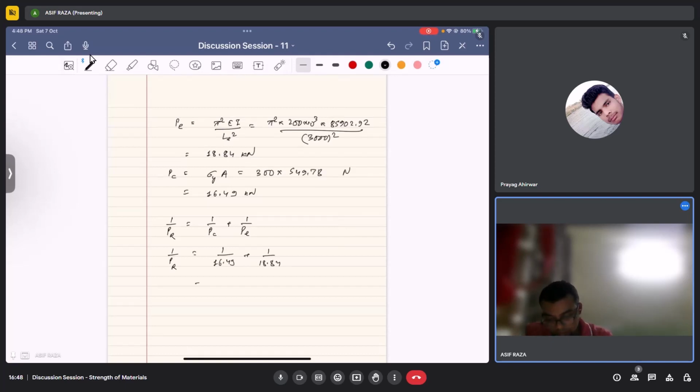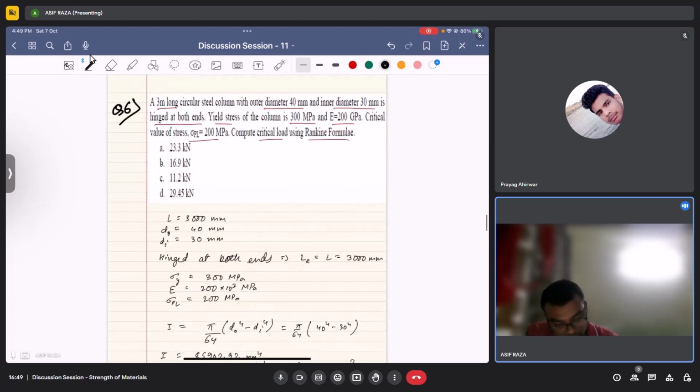This comes 1.1137. Thus PR is 8.79 kilonewton. Seems like there is some issue.